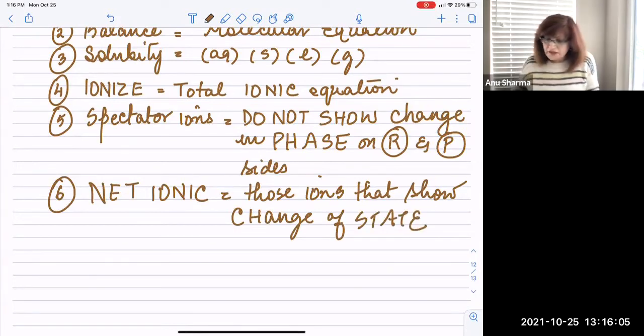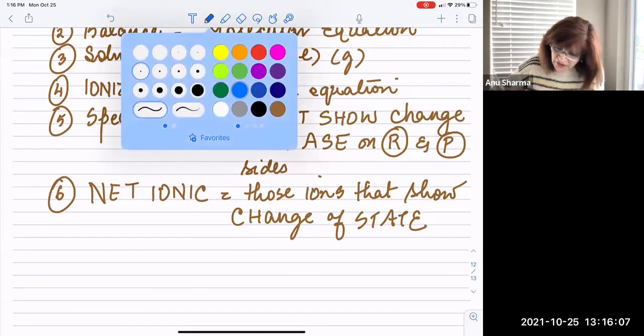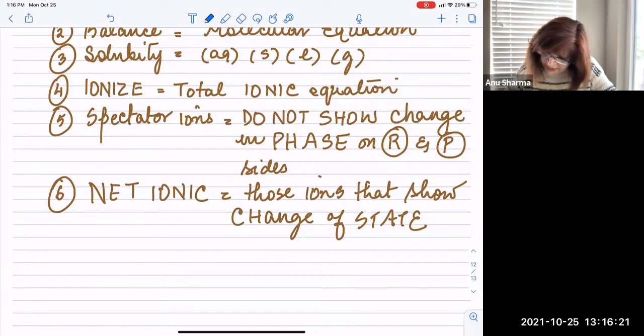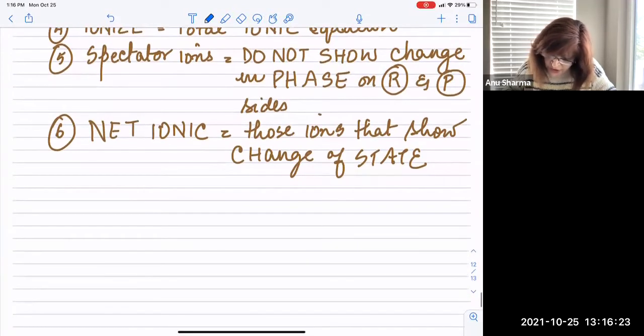All right, let's do this now. Let's bring in one problem from your book. And I'm going to cover the equivalents later on, but let's see. Okay, so you have: predict whether a solid might be formed in each of the following mixtures of solutions. Ammonium, lead nitrate and KCl.